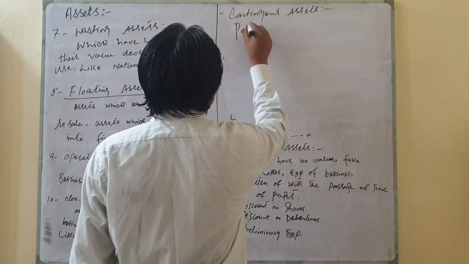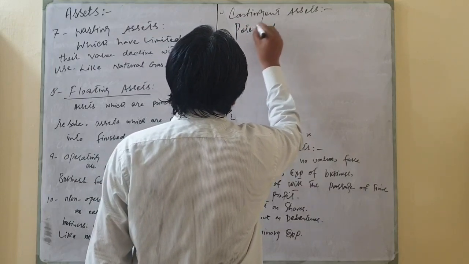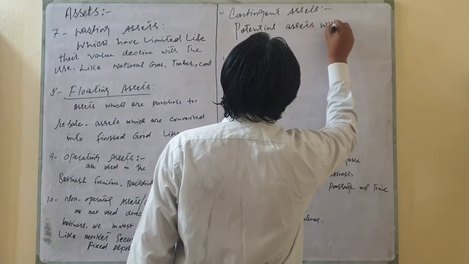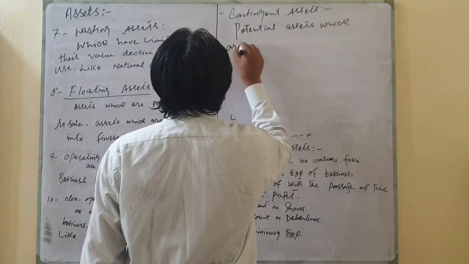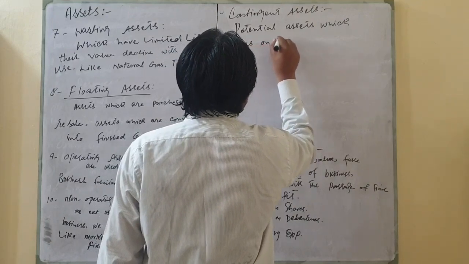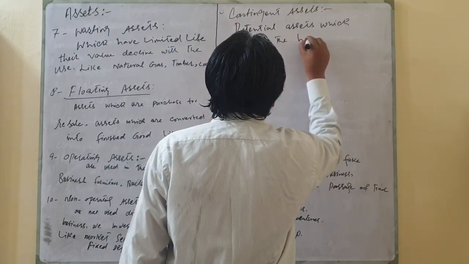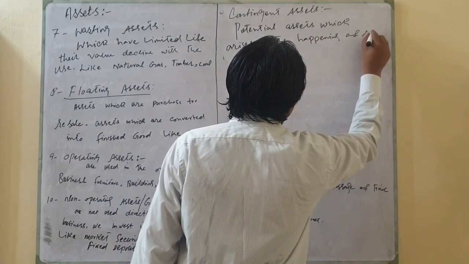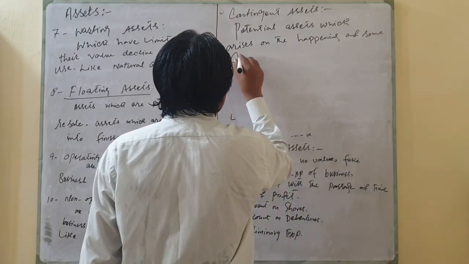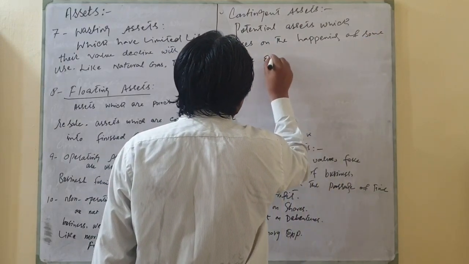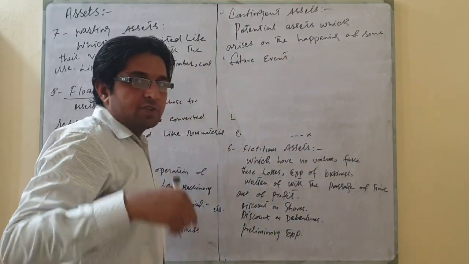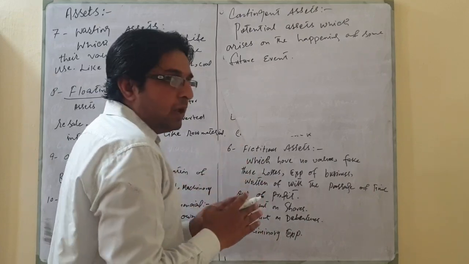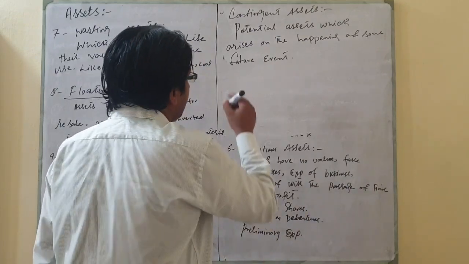Potential assets which arise on the happening of some future event. If any future event happens, these assets may be created. They are called contingent assets.